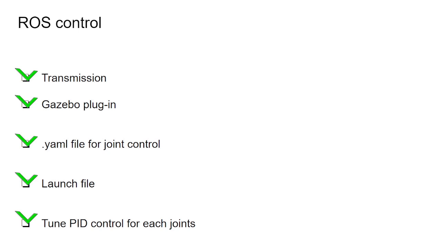We have set up the launch file to spawn not only the URDF file of our robot, but also each controller that has been configured in the YAML file. And finally, you have learned how to tune the PID values of each controller.